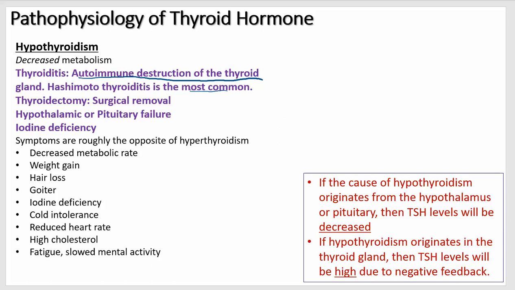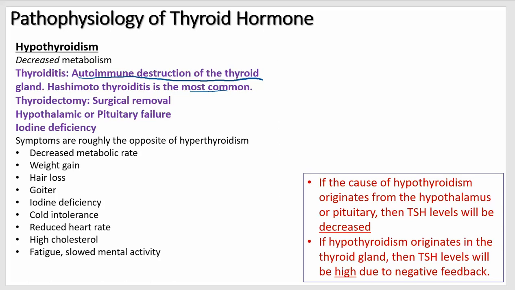So if you don't have enough iodine, then you're not going to be able to make thyroid hormone, because iodine is fundamental to the synthesis of thyroid hormone. And then, of course, if your hypothalamus or pituitary aren't working, then you're not going to have enough thyroid hormone being made.